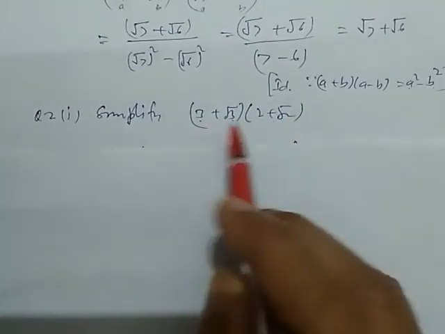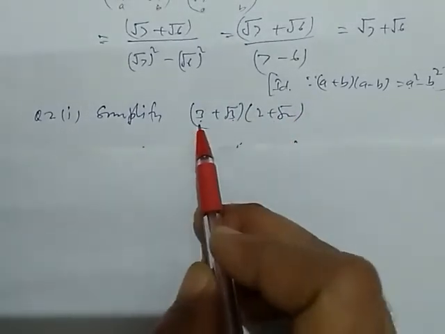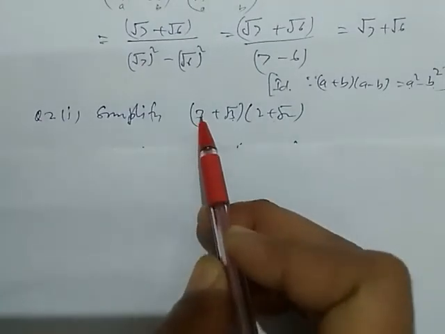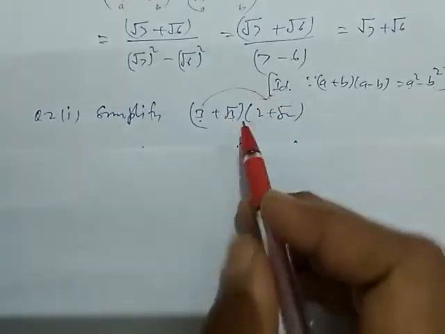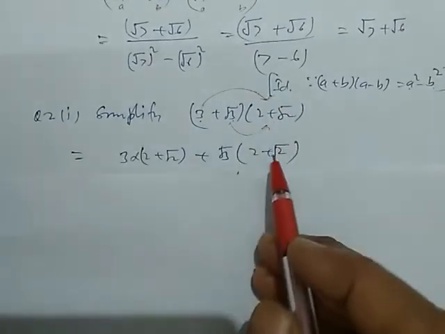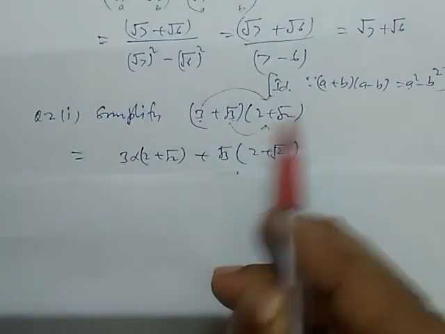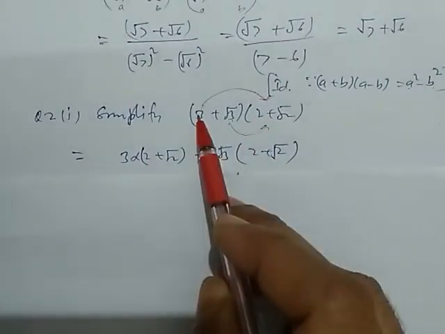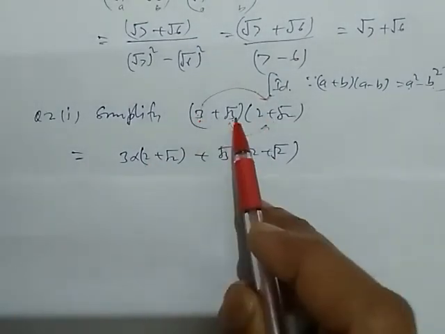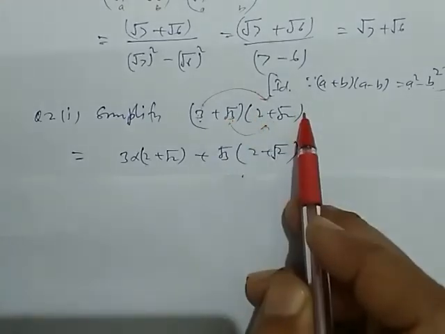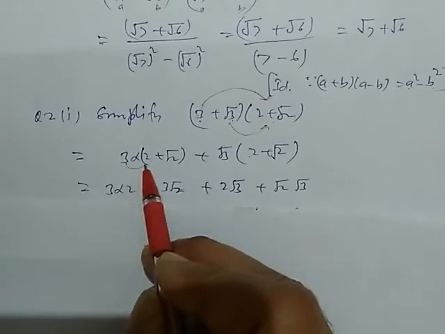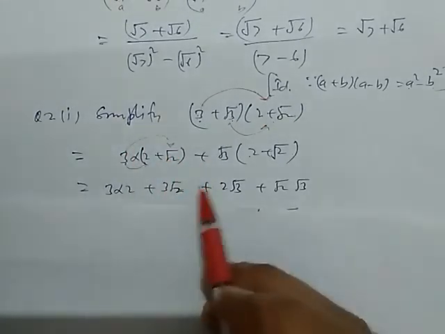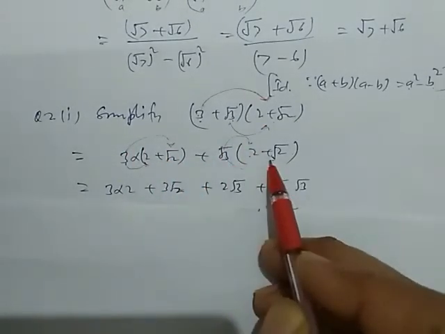Whatever the value is, we just multiply them. So here, first we multiply this 3 to this whole part, and then this to this whole part. 3 into this whole part, 2 plus root 2, and root 3 with this, okay, 2 plus root 2. Now this 3 to this, and this 3 to this, this to this, and this to this.